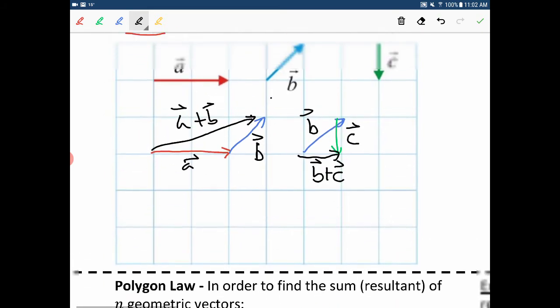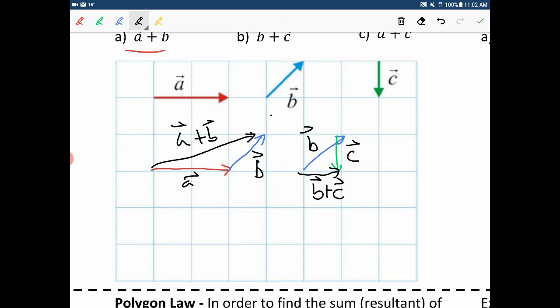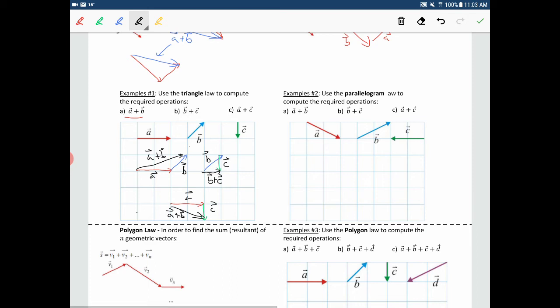I like to be lazy, but I'm also kind of a completionist. So A plus C is going to go A, and then we'll have C like that. So that's A, that's C, and that gives us A plus C. And you can see that I am definitely using a ruler here, and these are all perfectly drawn.